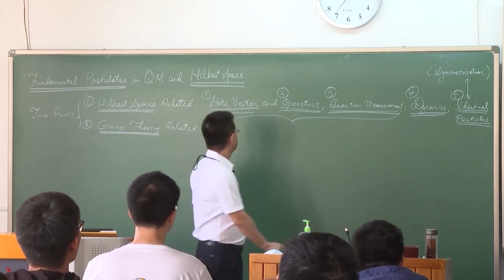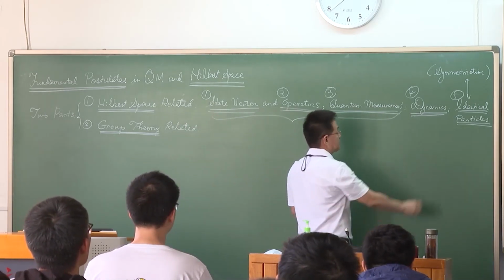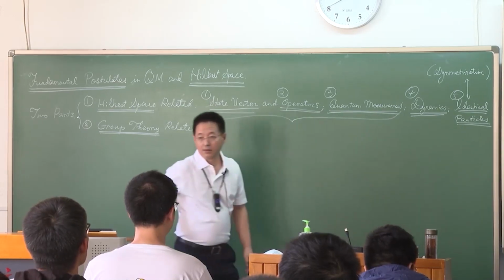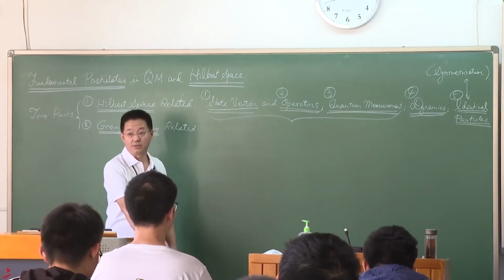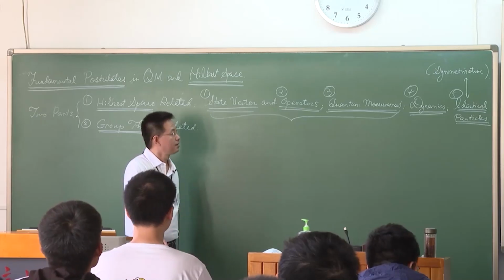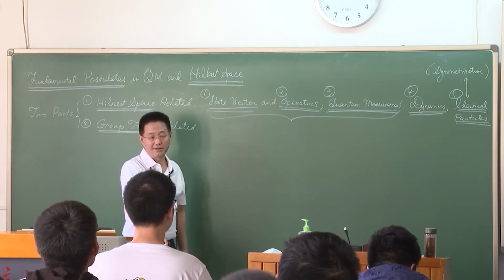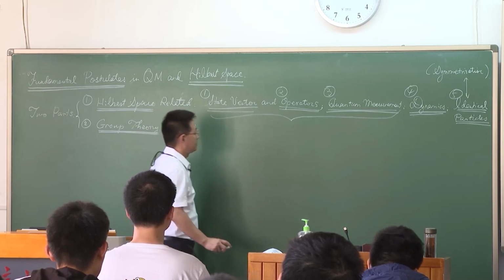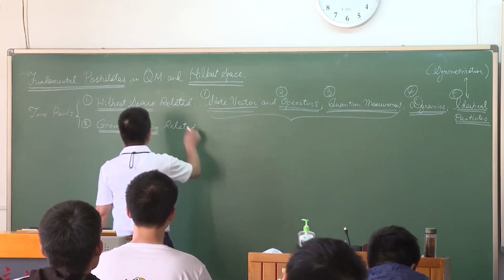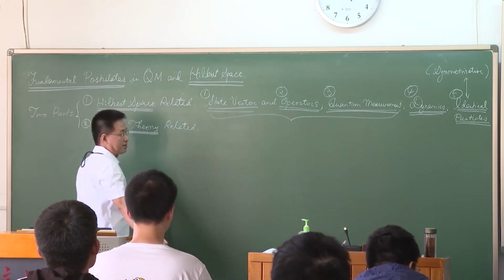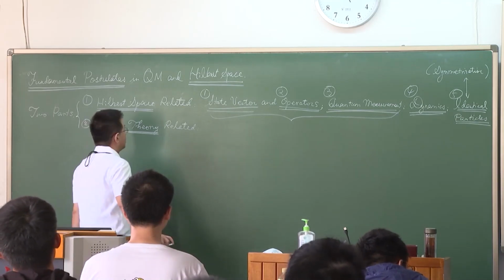So we'll focus on the first 3 postulates and the dynamics of the systems in this course. We'll mention a little bit about the identical particles later, very little. And so this is the first part of the whole course, that is Hilbert space related.